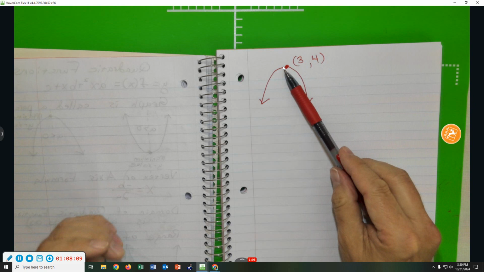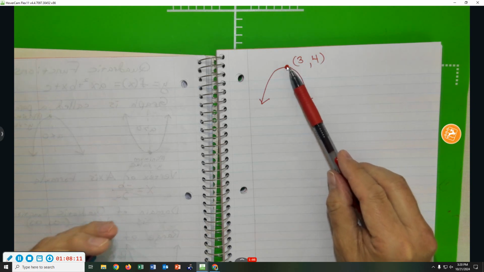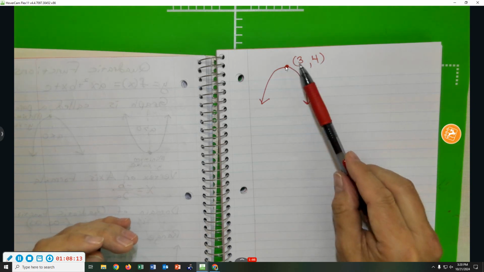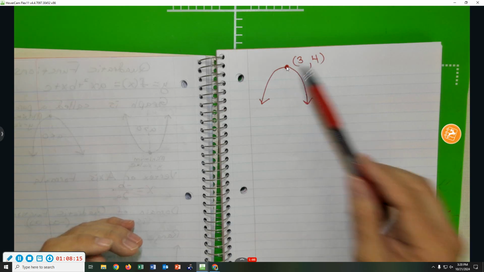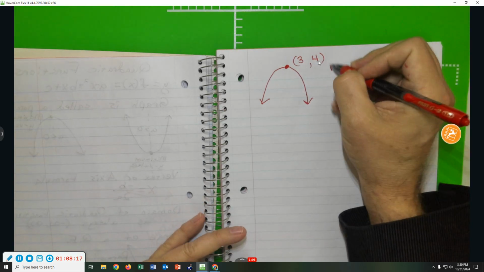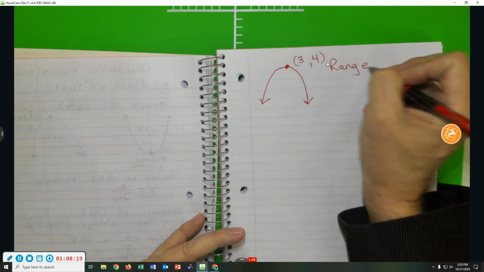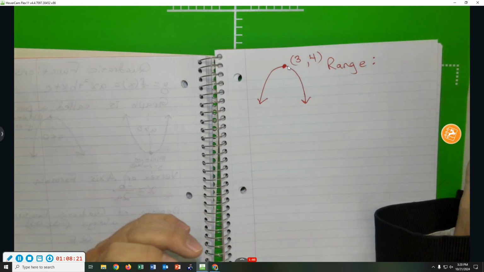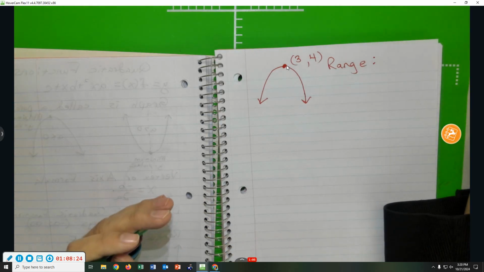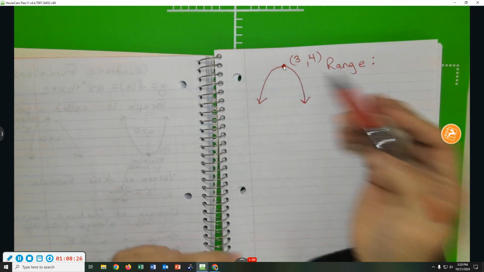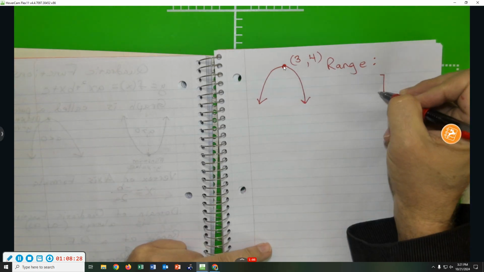This is the highest point on the graph. That means what's the biggest y-coordinate on this graph? 4. Okay. But remember, with interval notation, it has to go small to big. So we know the biggest y-coordinate is going to be a 4.